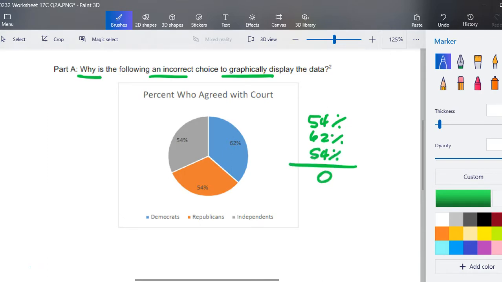We got 8, 9, 10 over here, and then 6, 12, a little bit more. We're looking at 170%. This is not good. It's not representing parts of a whole, so what would be better? Part B, probably a bar graph would be a better way to display this information.